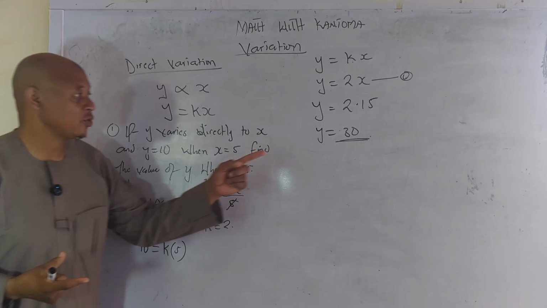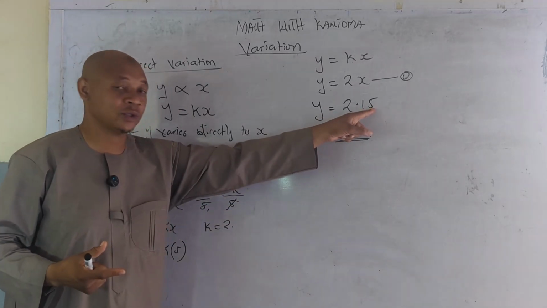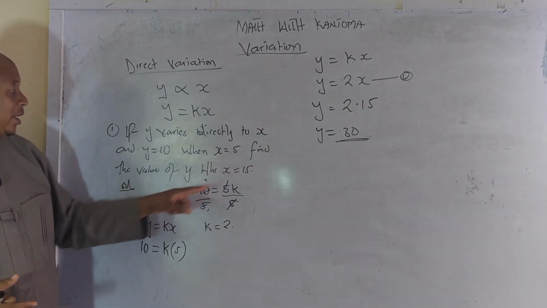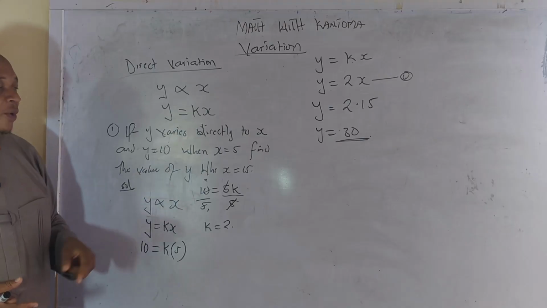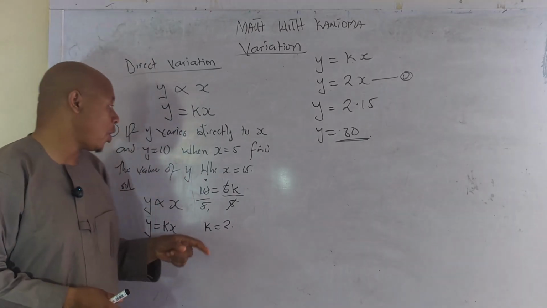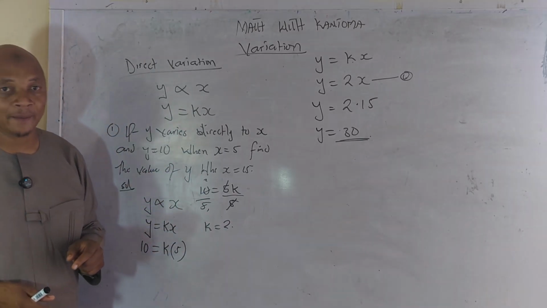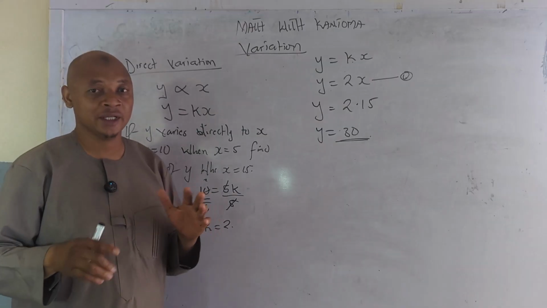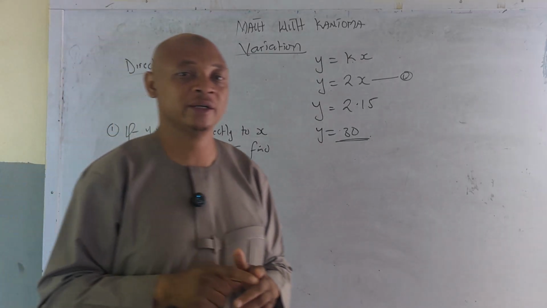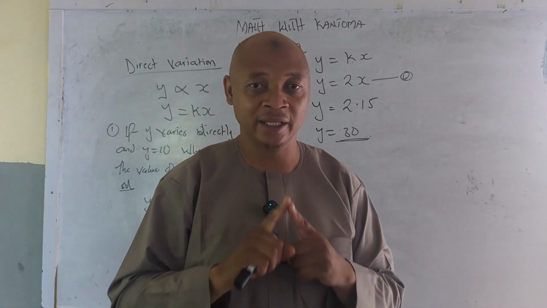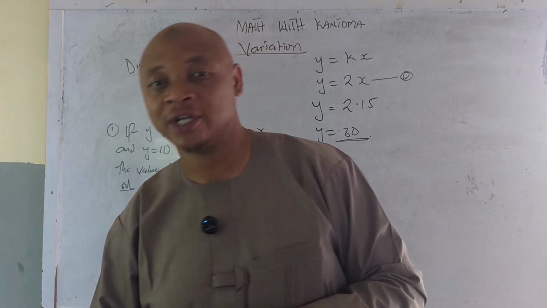Had the value of x been decreasing, not up to 5, then we'll notice that the corresponding value of y will also be decreasing. It will not be up to this 10 because it will also decrease. So this is the relationship between the two variables x and y that are directly proportional to each other.